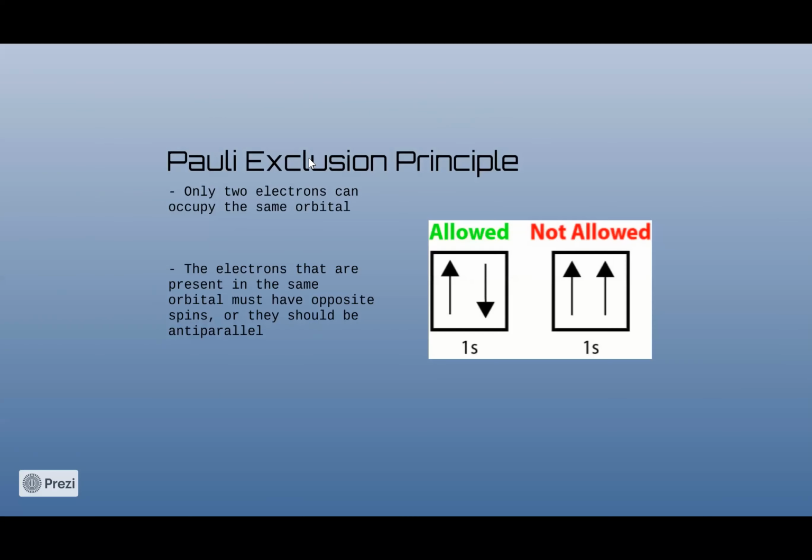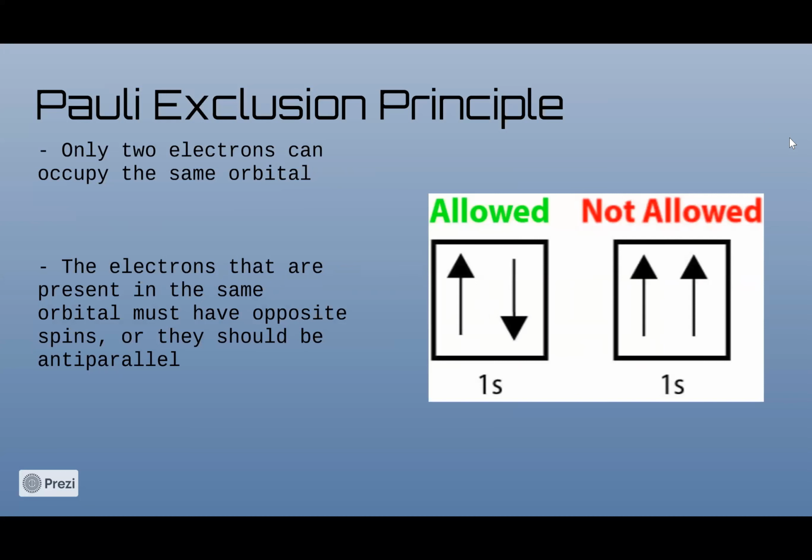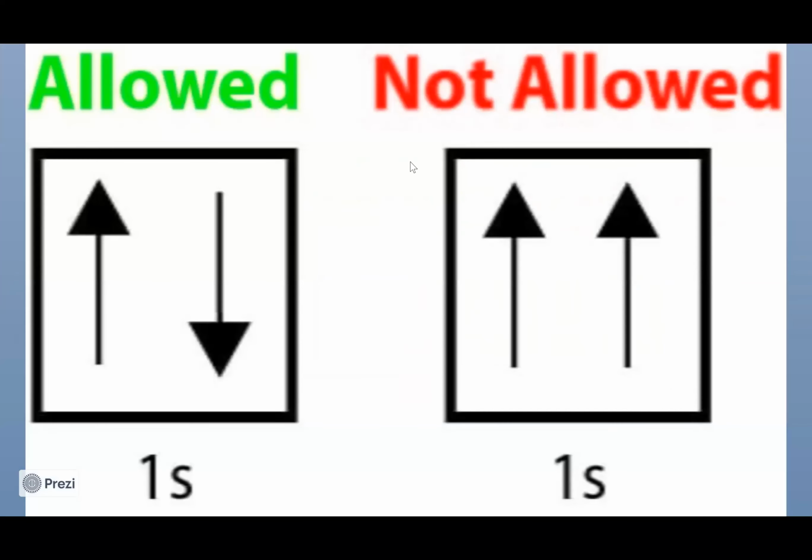For the second one, we have the Pauli exclusion principle, which says only 2 electrons can occupy the same orbital. And the electrons that are present in the same orbital must have opposite spins, or they should be anti-parallel. Here on the right-hand side, the diagram explains what the Pauli exclusion principle is basically about.